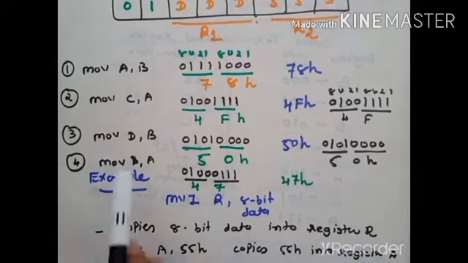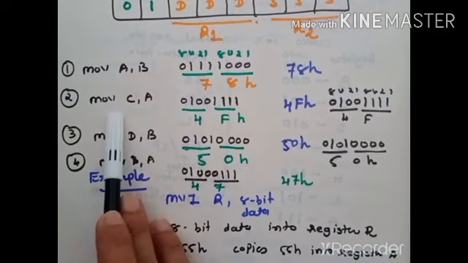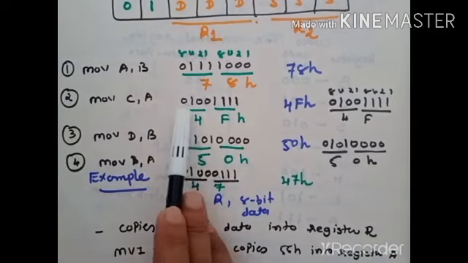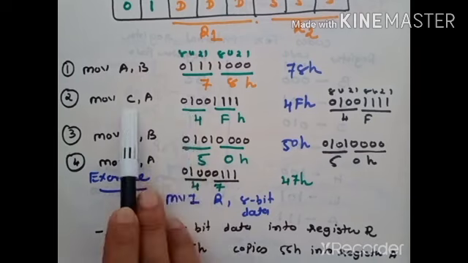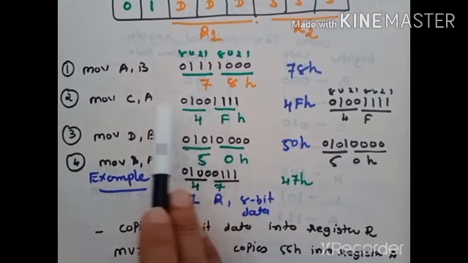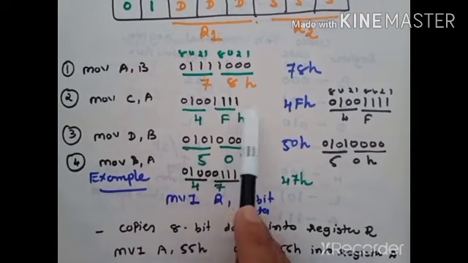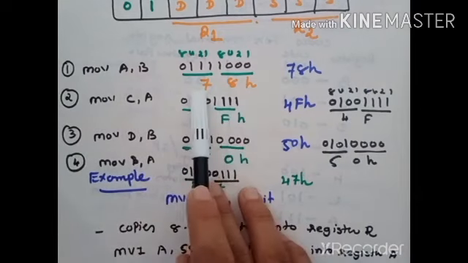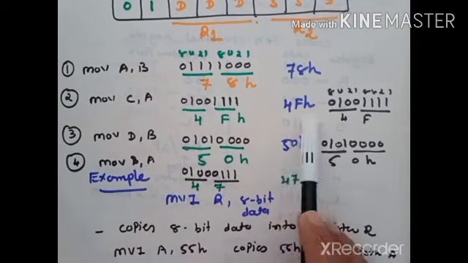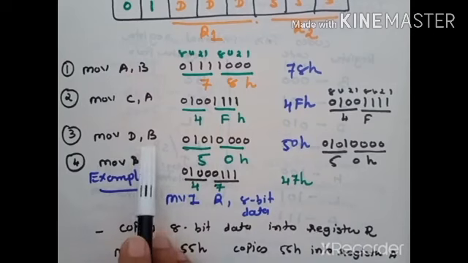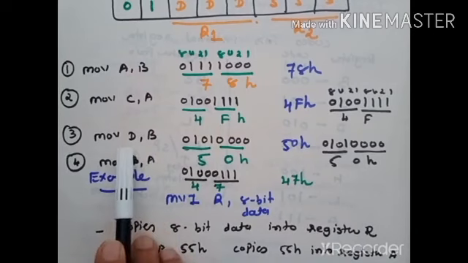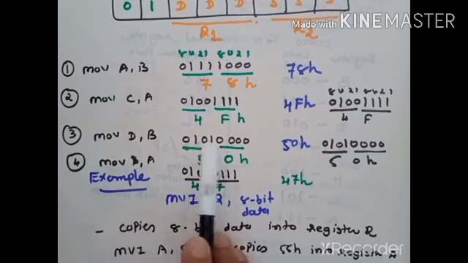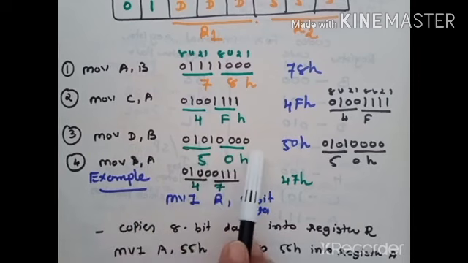Next, MOV C, A. Then 01 is fixed, the equivalent code of C is 001, and the equivalent code of A is 111. Then according to 8421, it is 4FH. Next, MOV D, B. In this, 01 is fixed, the equivalent code of D is 010, and B is 000.